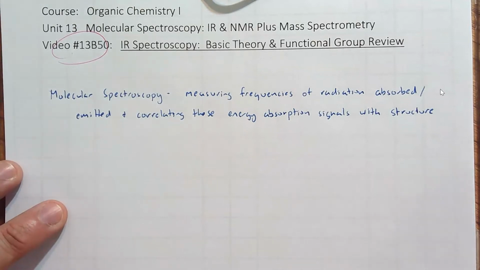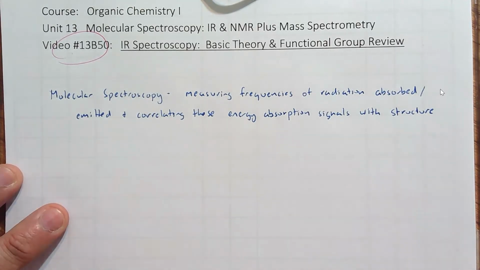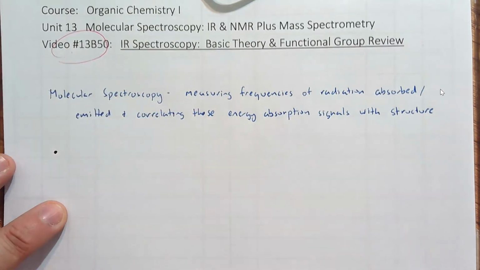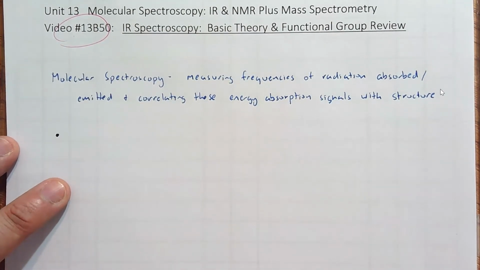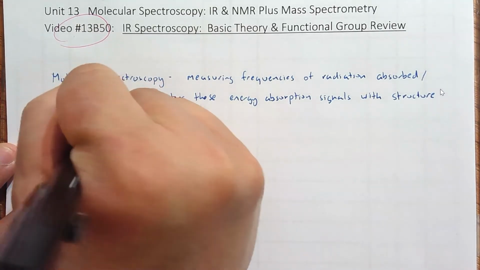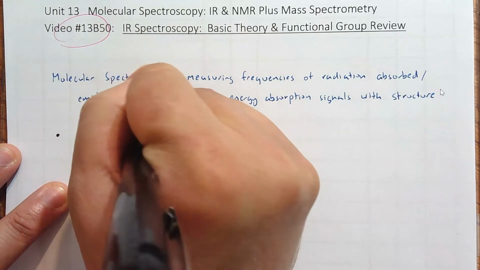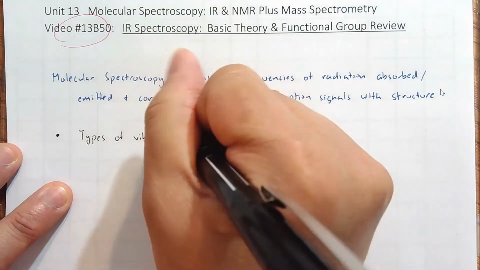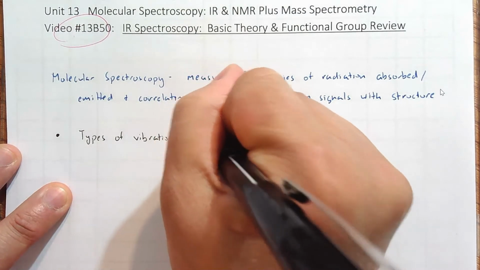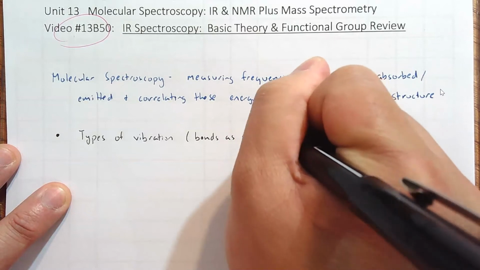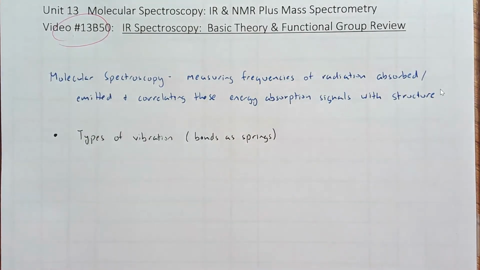So the first thing is, let's think of a bond as springs, and the first bullet point, we're going to talk about a molecule's vibration. Types of vibration. And the key to this is to think of bonds as springs. All right.